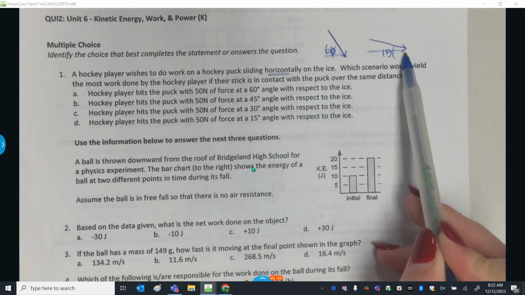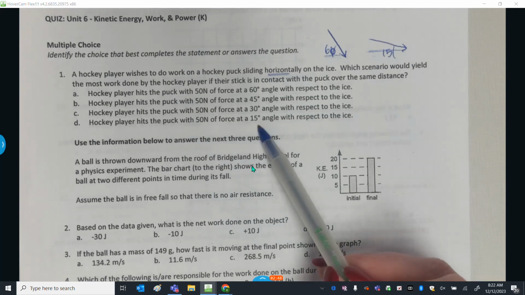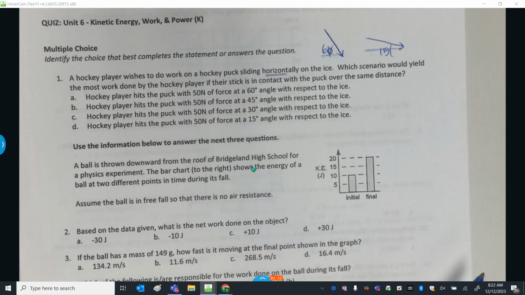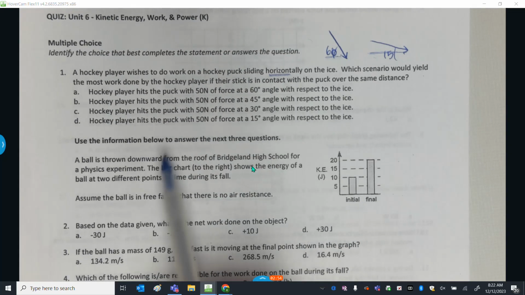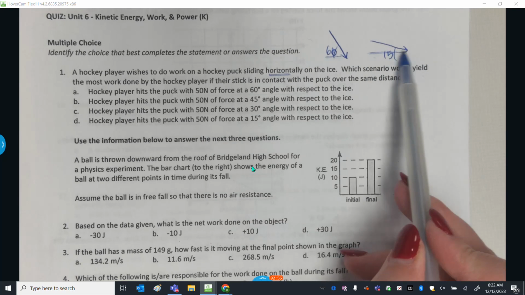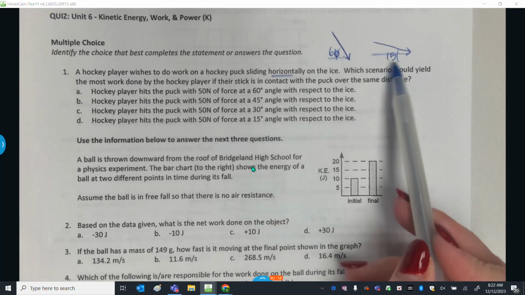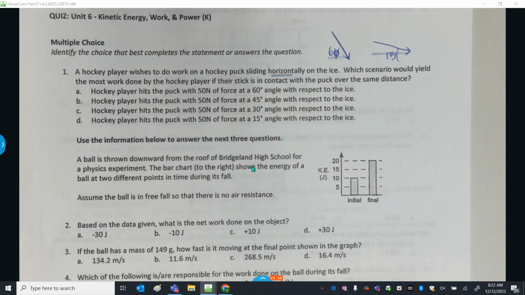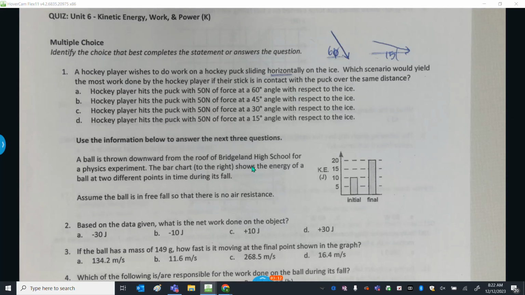So 15 degrees, since that's the smallest angle, is the one where you're going to have the greatest amount of work done, because a larger portion of that 50 newtons of force is horizontal. You can do the math if you want, cosine 15 times that 50 newtons, but you don't need to. You should be able to answer this without any math, and it should be answer choice D.